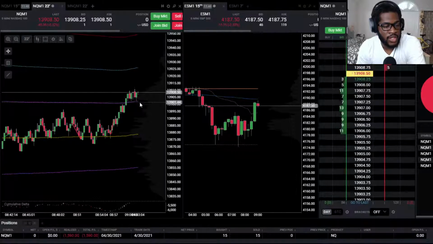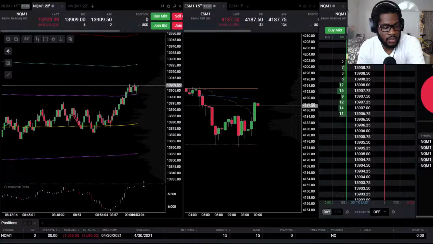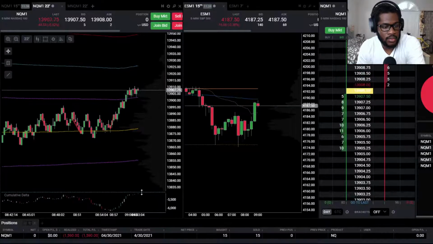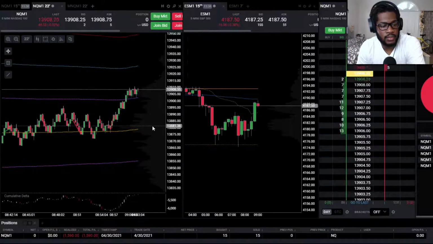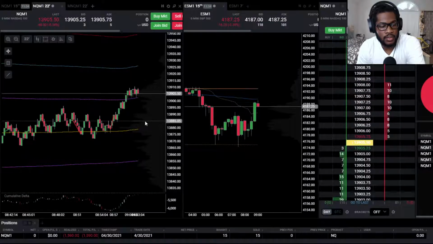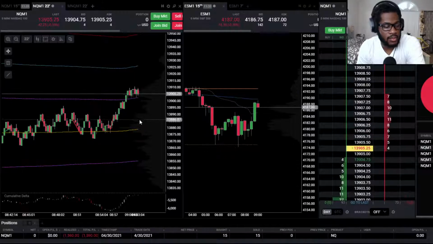Debating whether I want to treat the +1 as support and just buy off of it. Let's see what it does here.